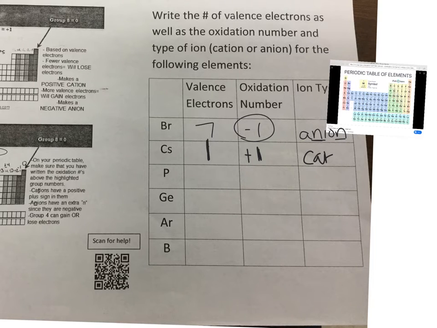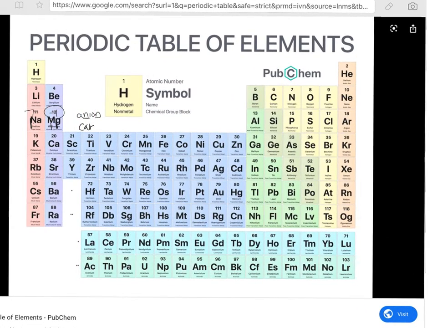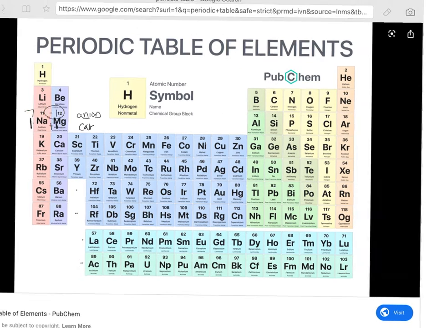Okay, phosphorus. Where's phosphorus at? Find it while I'm messing around with this. Okay, let's find phosphorus. Oh, found it. Can you find it before I do? Okay, 1, 2, 3, 4. There's phosphorus. Group 5. So how many valence electrons?